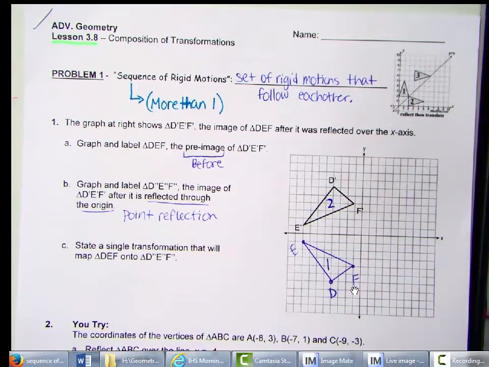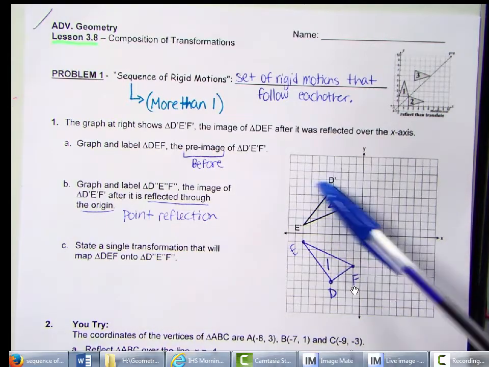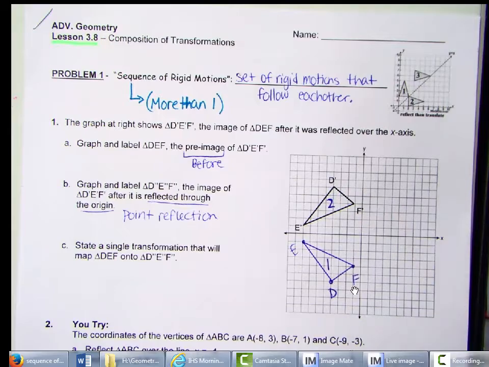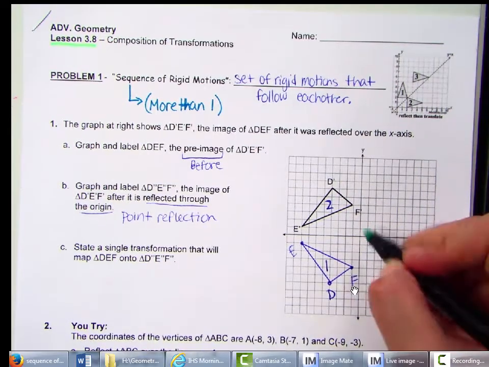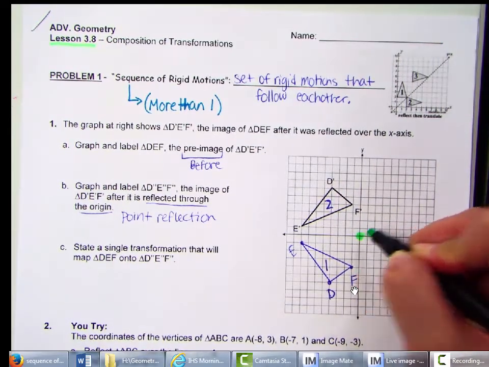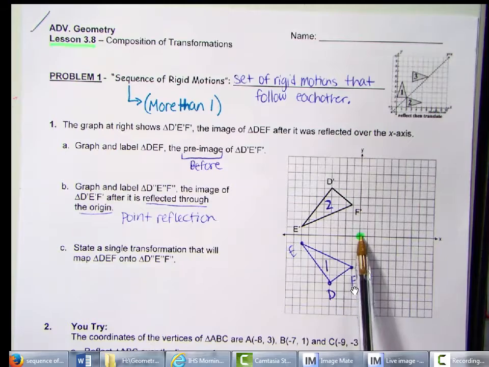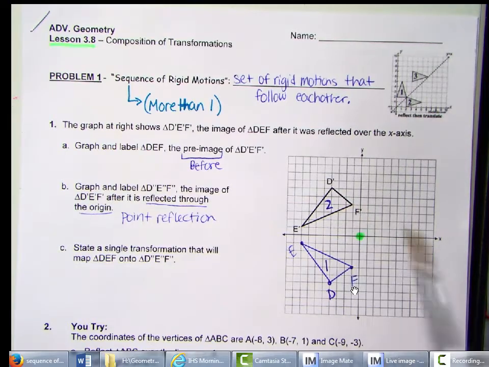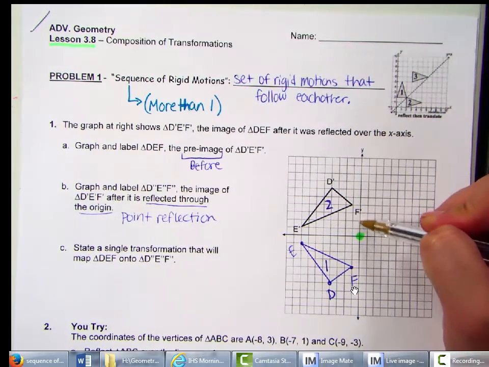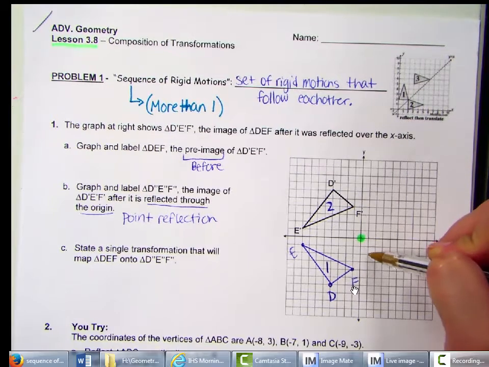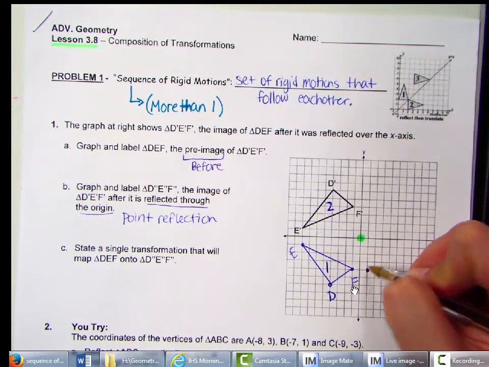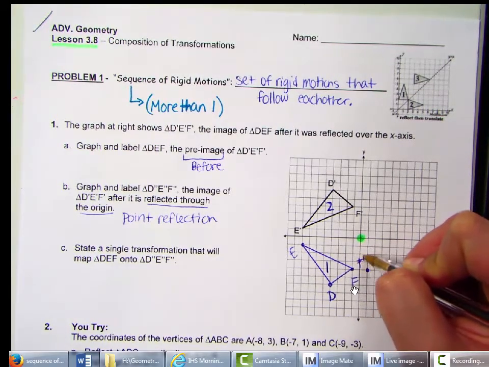So now we're going to work off of the prime, number 2, and we're going to reflect it through the origin. So I'm going to highlight my origin. And to reflect through the origin, you have to count over and down and then follow that again. Over 1, down 1, 2, 3, 4. Over 1, 1, 2, 3, 4. And we're calling this F double prime.